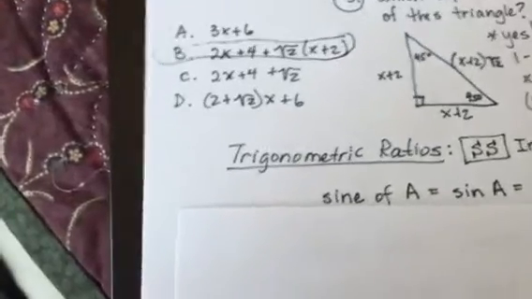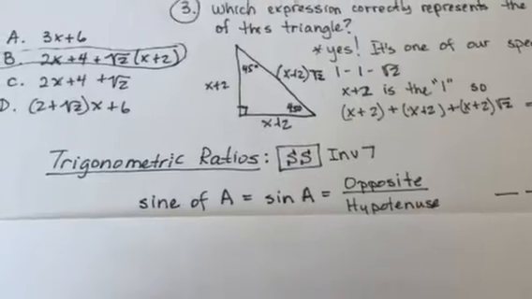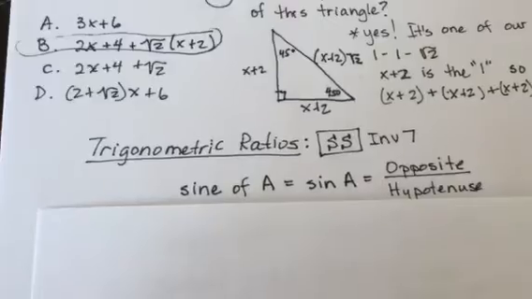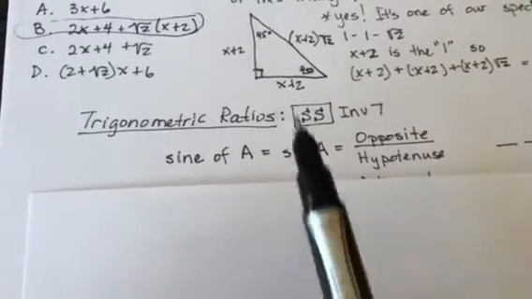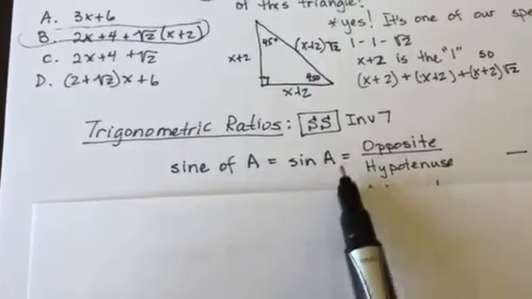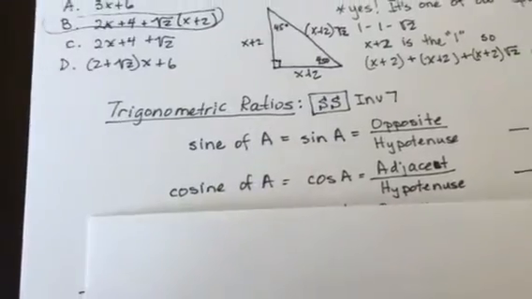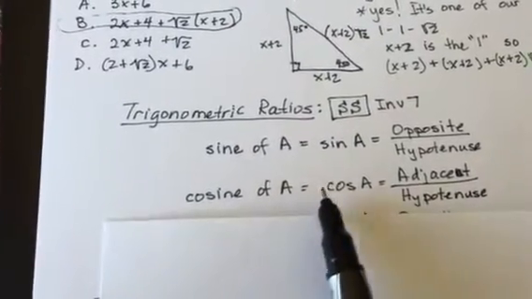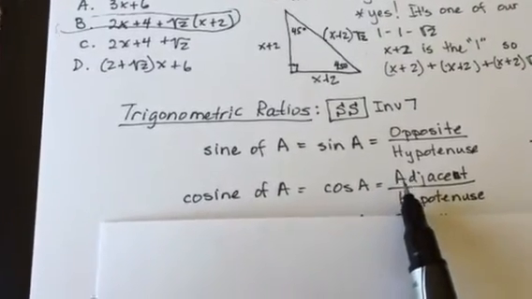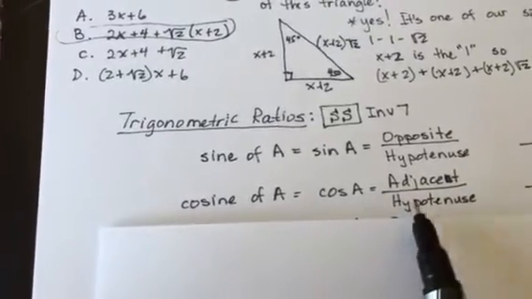Now, the reason to go back to Lesson 68 is the trigonometric ratios, which should be on your smart sheet from Investigation 7. The definition, again, and I've written it out: the sine of A, written as sin A, equals opposite over hypotenuse. A review again: cosine of A, written cos A, equals the side adjacent to the angle A over the hypotenuse.